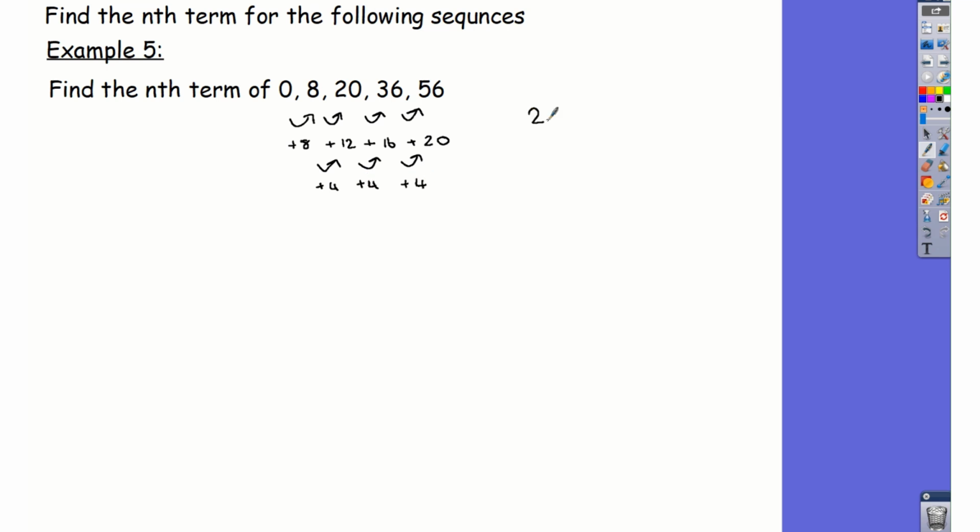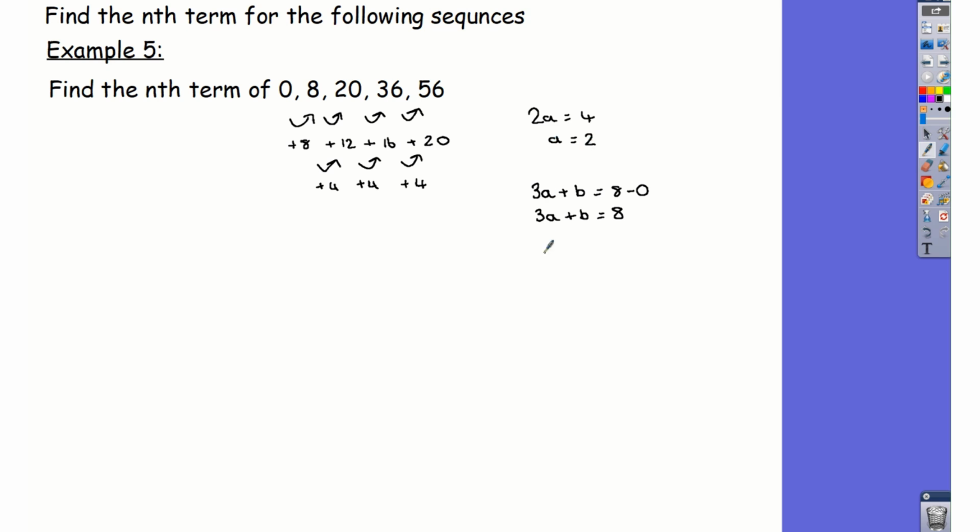That tells me that 2a is equal to 4, which means a is equal to 2. I know that 3a add b is equal to the second term take away the first term. So 8, take off 0. So 3a add b is equal to 8.